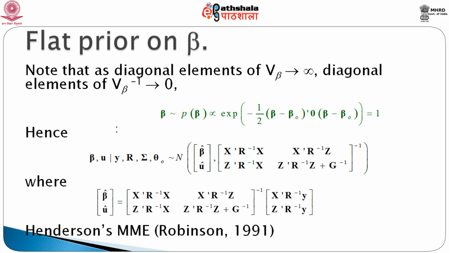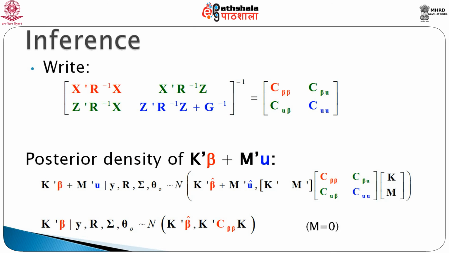So what we did here is, for the linear model, we applied these priors and ultimately obtained the BLUP estimator in the classical setup. If one is interested in the posterior density of k prime beta and m prime u, one can easily see that this is the form that comes up: k prime beta marginally follows normal with mean k prime beta hat and variance k prime C_beta-beta k.